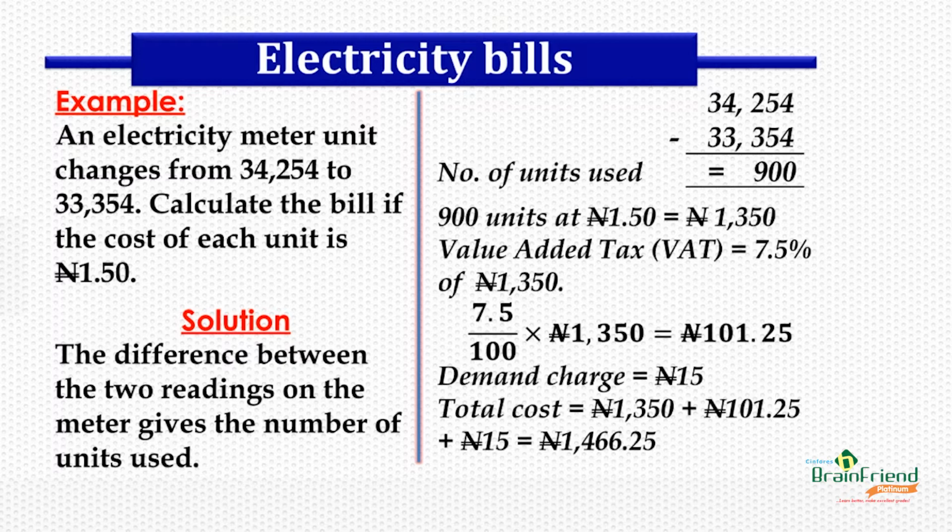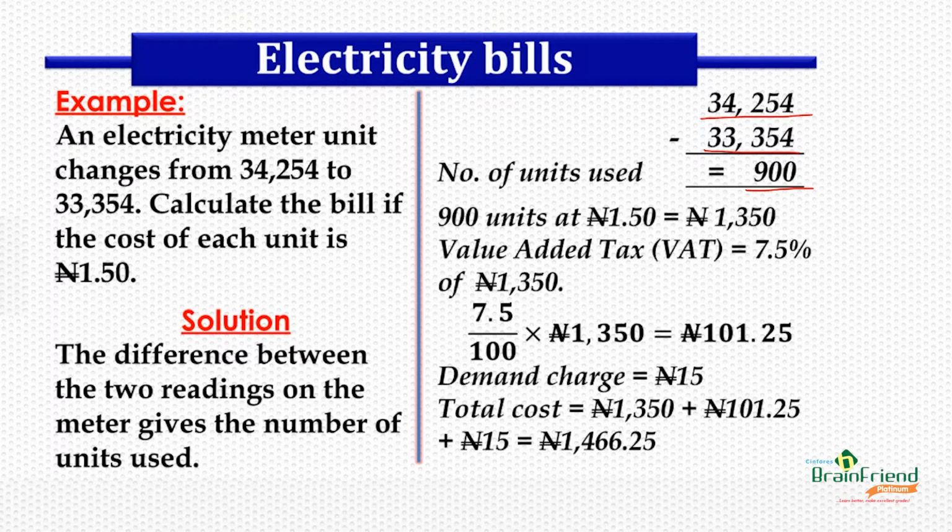To do that, we must take 33,354 from 34,254. And when we find the difference between these two figures, we would have 900. So the number of units used or consumed by this customer is 900 units.